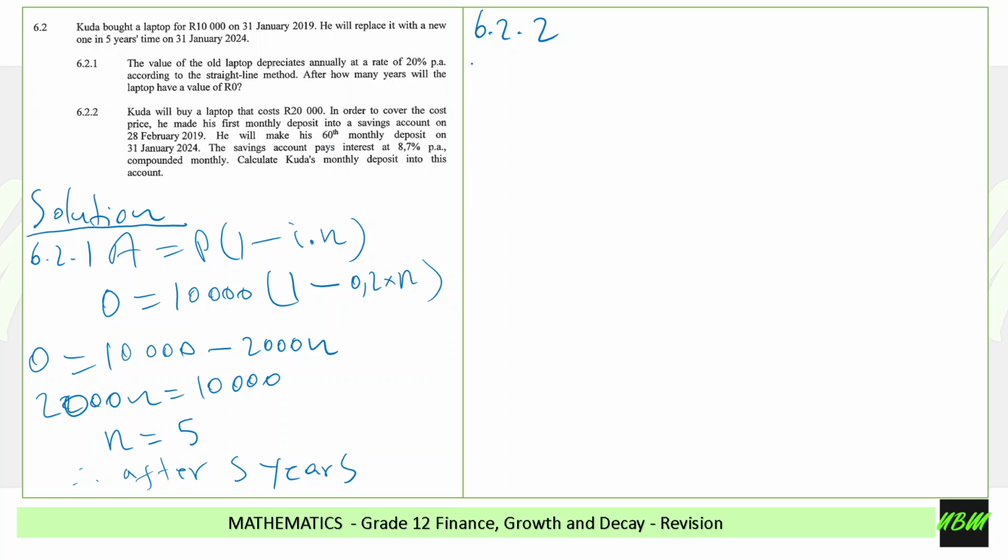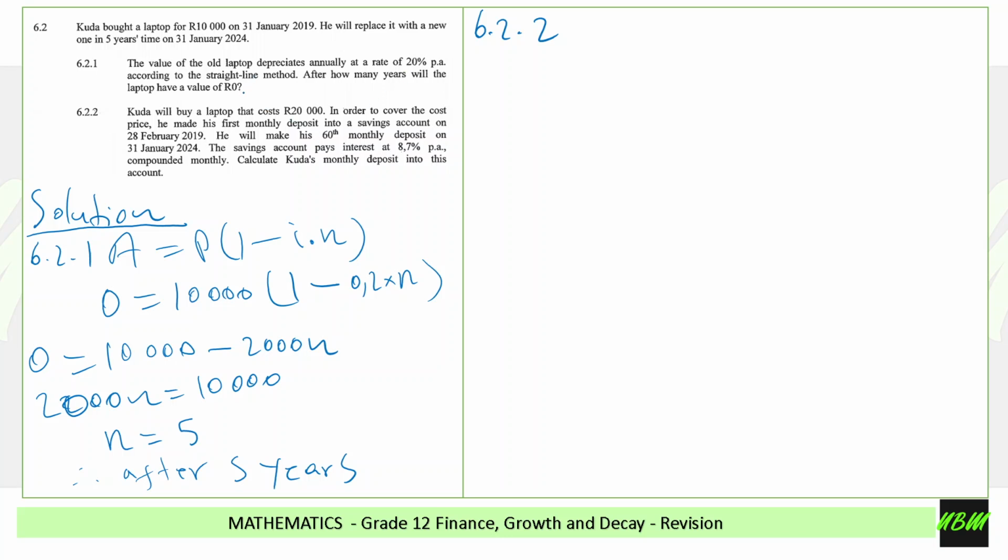So reading the question carefully, you would see that here we are dealing with a future value annuity, because there is a deposit that is going to be made regularly every month. The statement, he will make his 60th monthly deposit, tells us that there will be regular deposits.